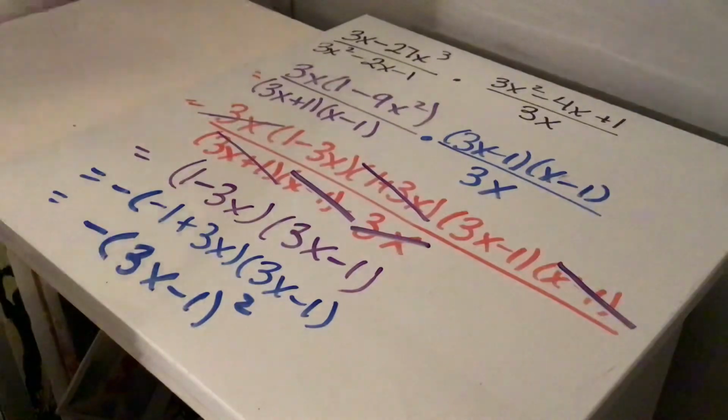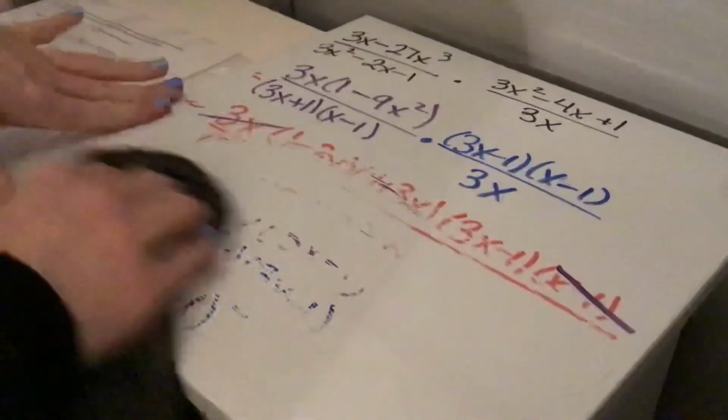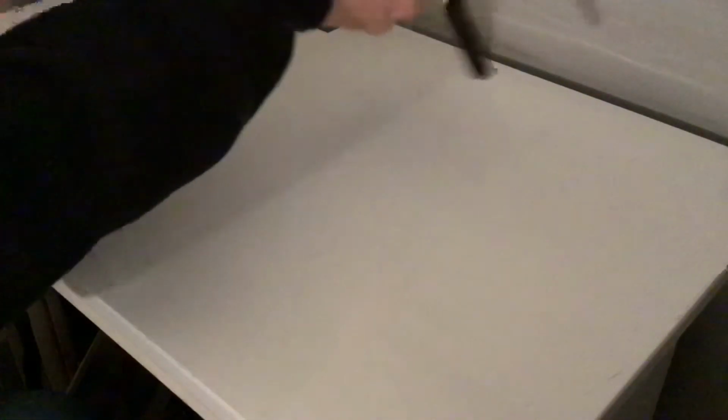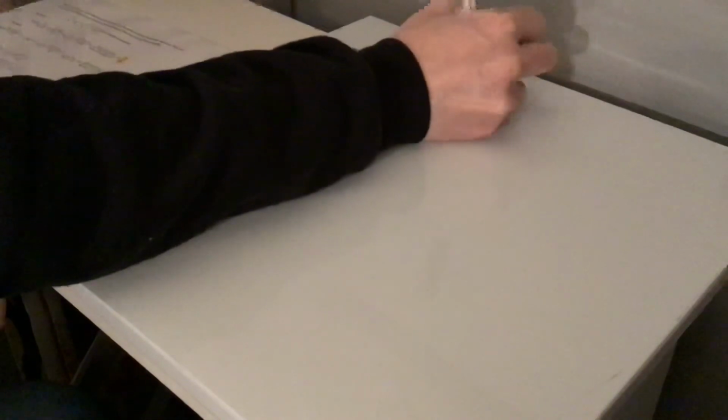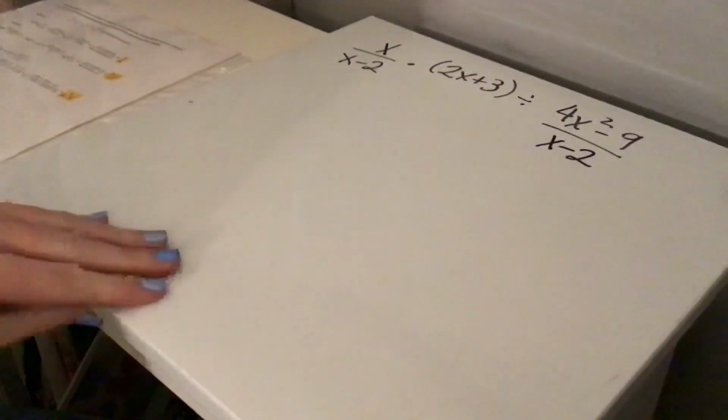Okay? All right, let's do one more division, or let's do one with all of them. Whatever rules apply to fractions apply to rational expressions. So we're going to simplify x over x minus 2 times 2x plus 3 divided by 4x squared minus 9 over x minus 2. Okay?